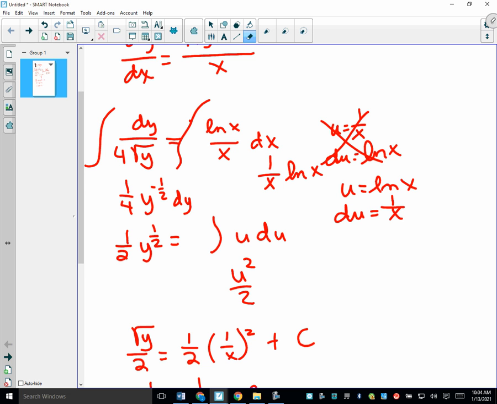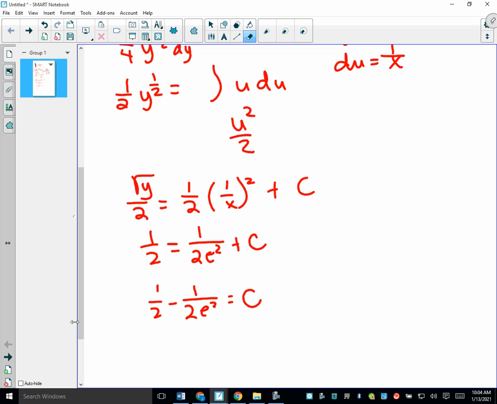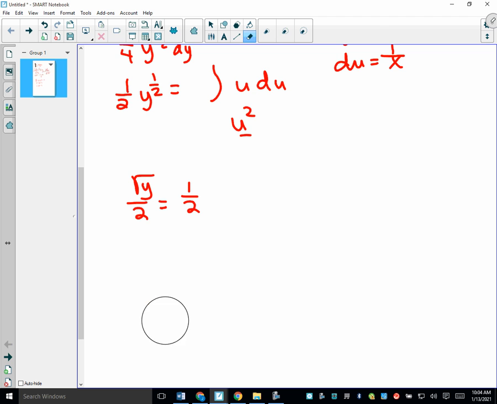So we're back to here, right? Because this is getting so ugly. Isn't this ln of x squared, plus c?